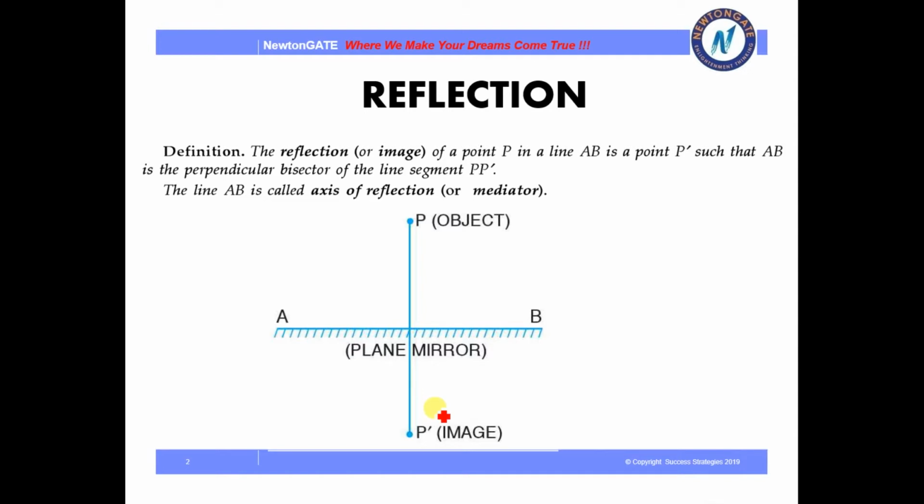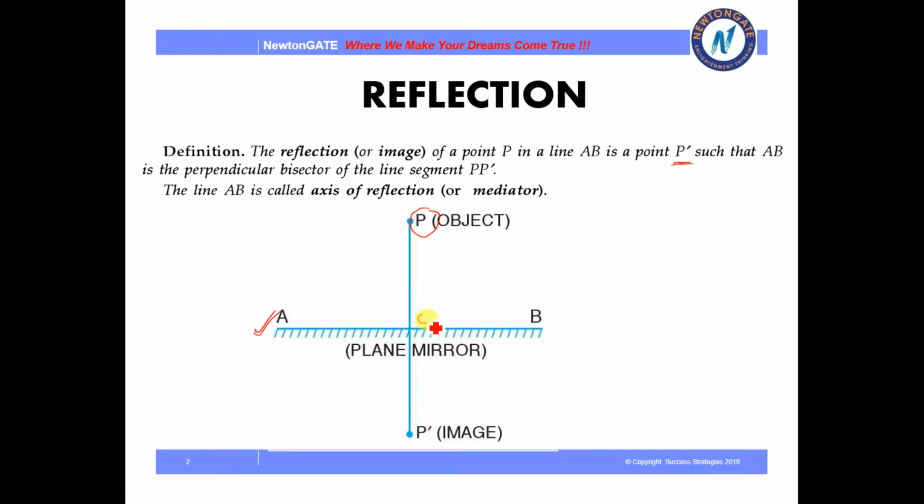So to define a reflection, we say that the reflection of a point P in a line AB is a point P dash, such that AB is the perpendicular bisector of the line segment PP dash. So what does it mean?